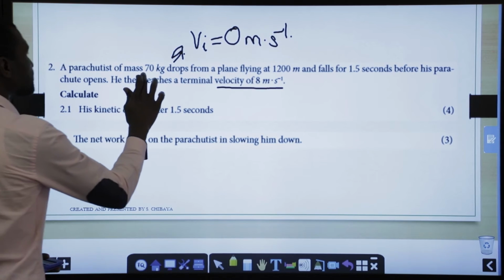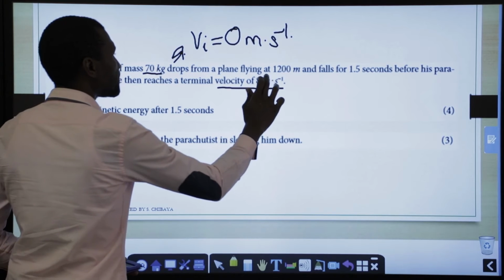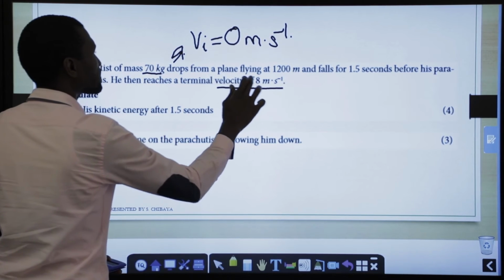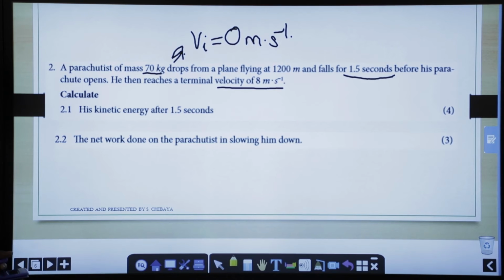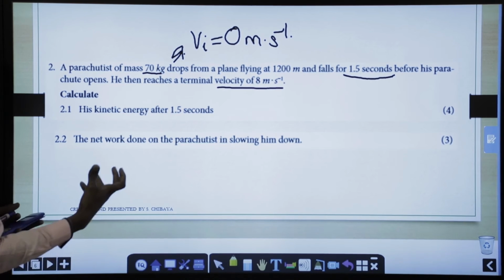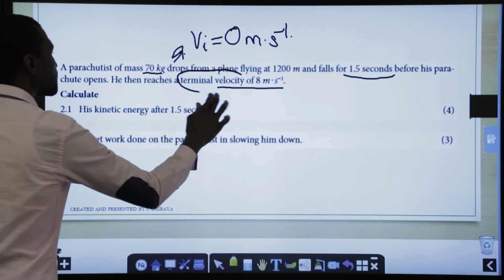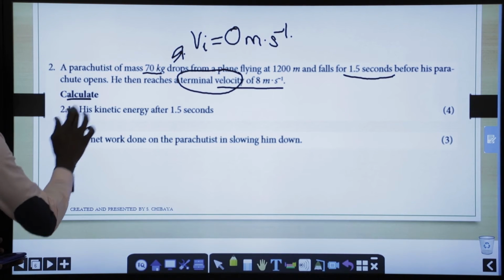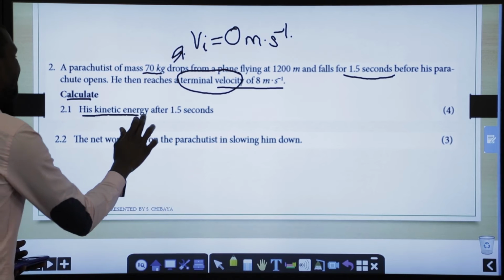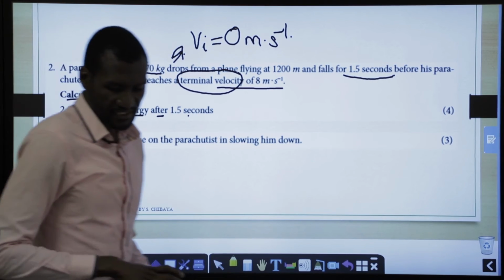What else do we know? 70 kg, it's fine, it's in kilograms, flying at 120 meters and falls for 1.5 seconds before his parachute opens. He reaches a terminal velocity. You must know at this stage what the terminal velocity means. And then the question is saying calculate his kinetic energy after the 1.5 seconds.